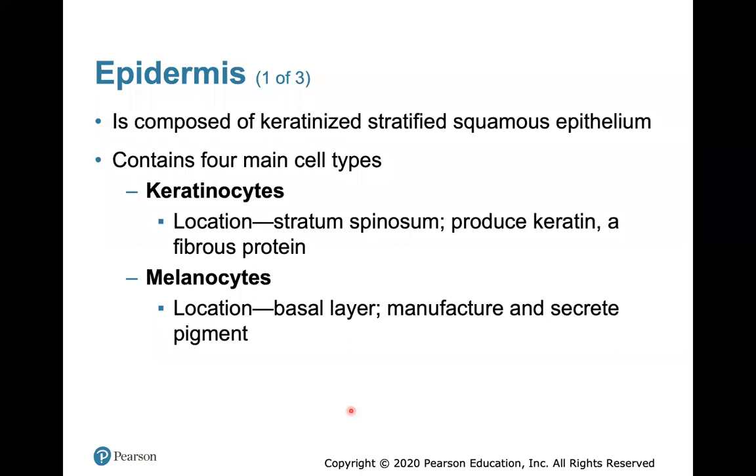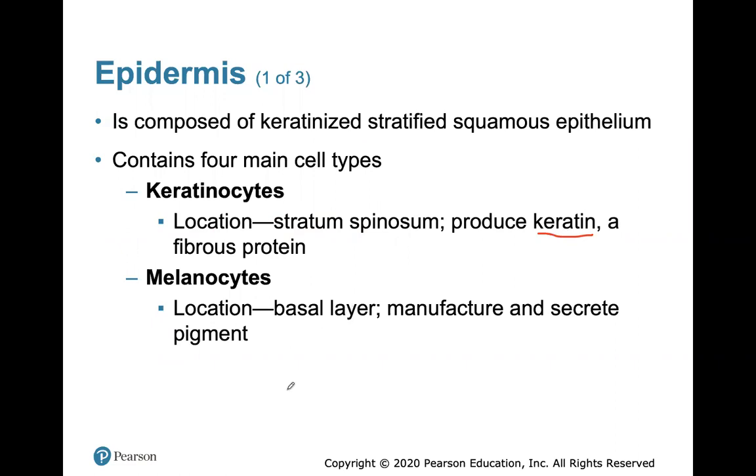So we'll first talk about the epidermis, and the epidermis is composed of keratinized stratified squamous epithelium. It contains 4 main cell types: keratinocytes, which are located in one of the layers called the stratum spinosum. They produce a protein called keratin, which is very fibrous, protective.